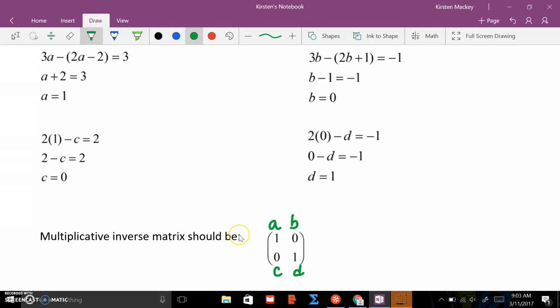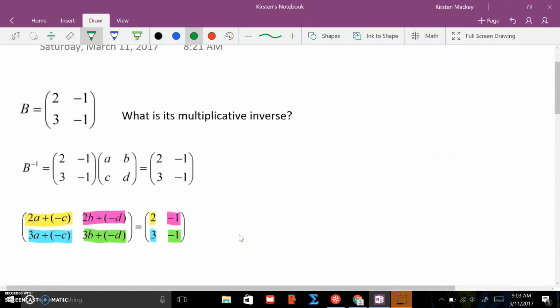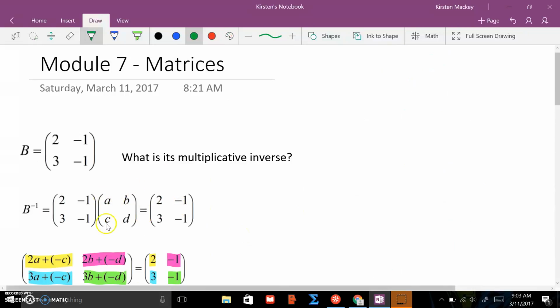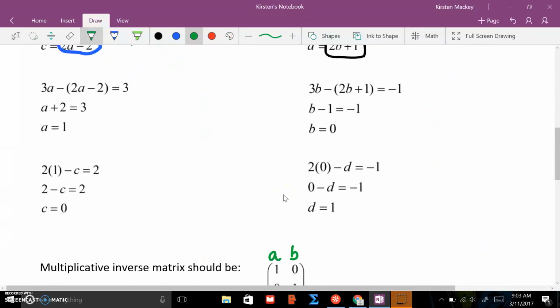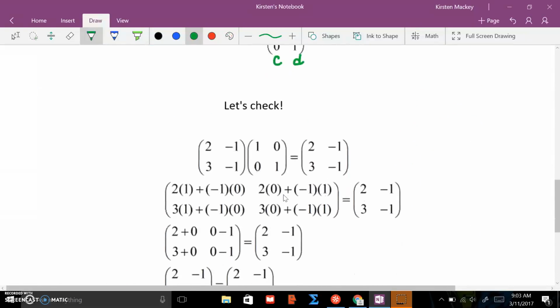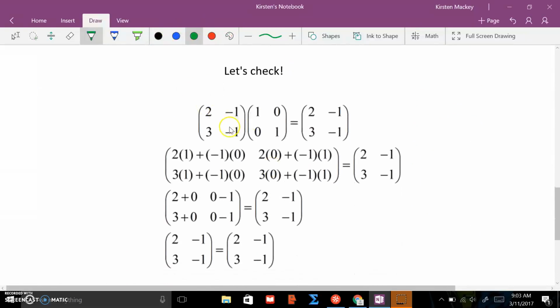So what I'm going to do is go back to this problem here, and I'm going to substitute those values in, and we'll see if I actually end up with the original B matrix when I multiply them. So we check. So we have our original B matrix. I'm multiplying it by this inverse matrix, and we should end up with the same values for that B matrix.